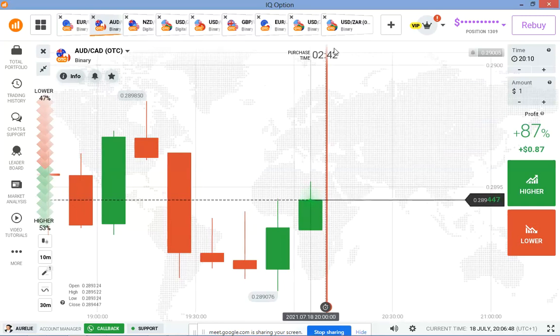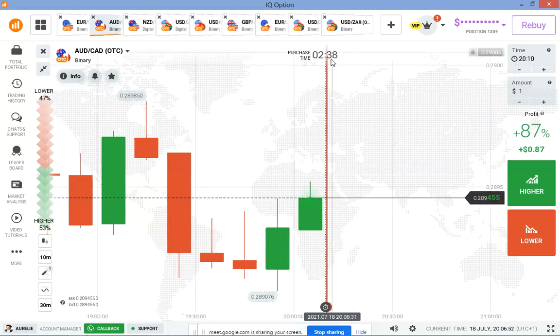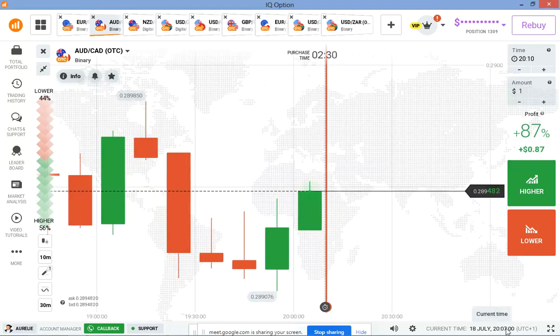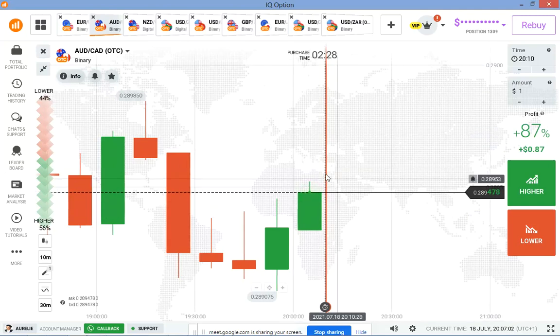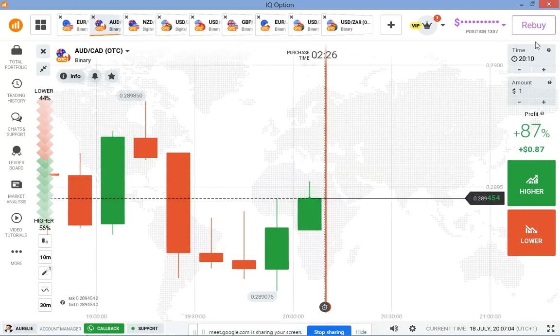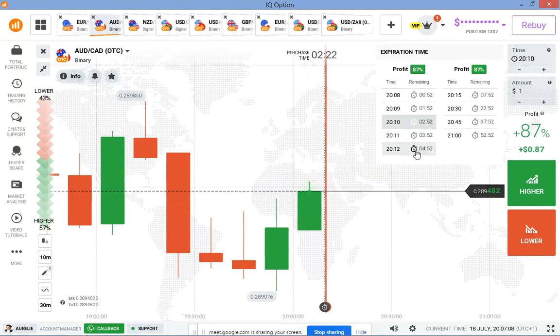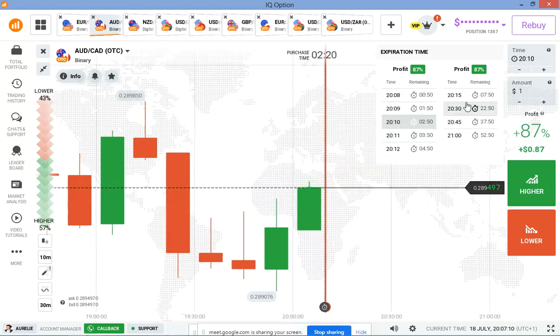So it will remain 3 minutes for this candle to end, because now we have almost 3 minutes. So we have 3 minutes for this candle to finish, because this is a 10 minute candle. So the next expiry time is going to be 20.